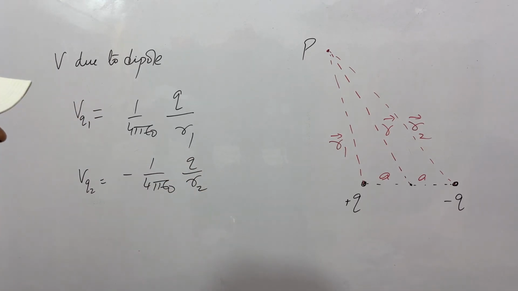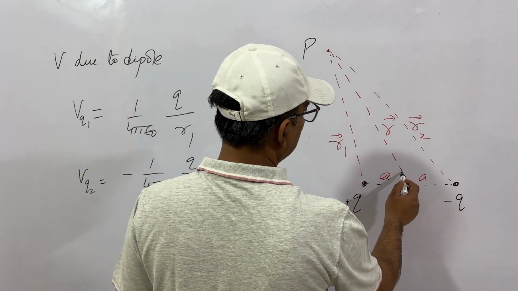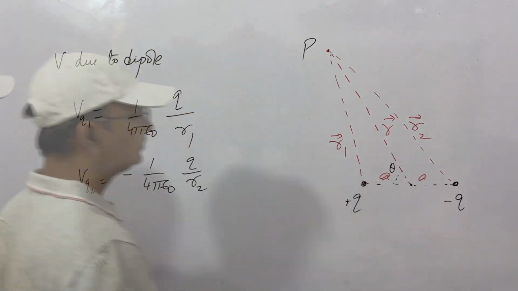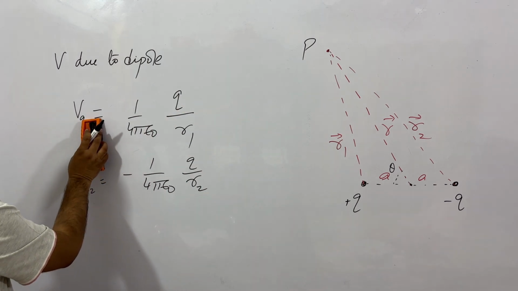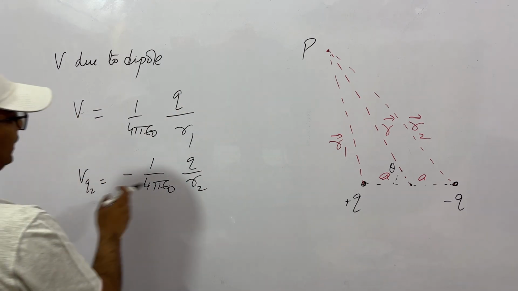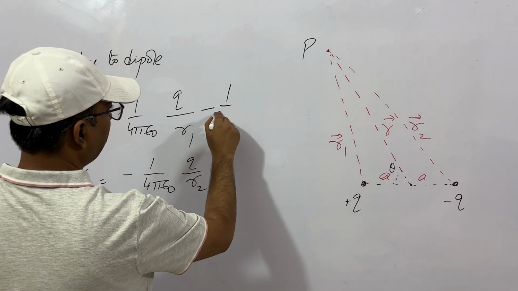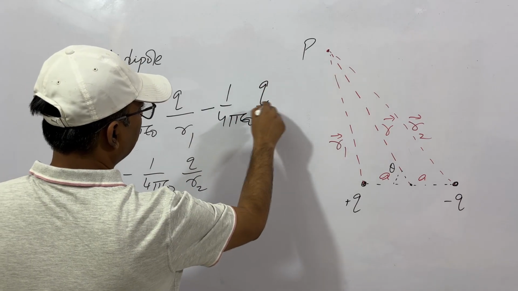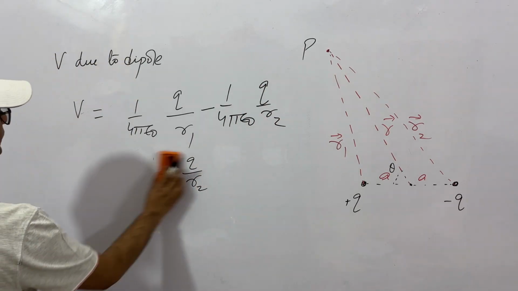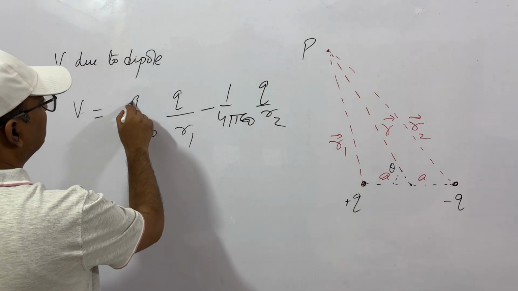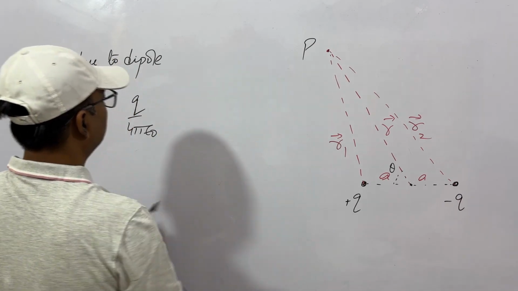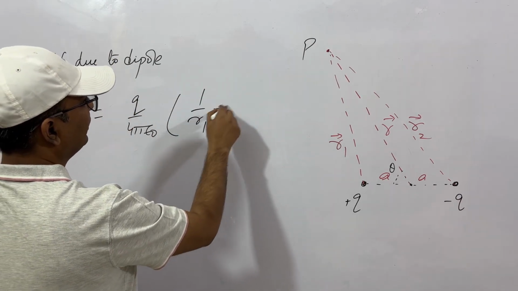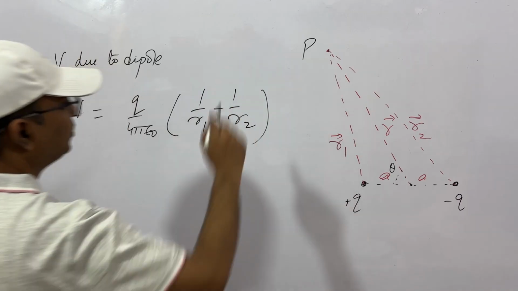These all are in vectors. Okay, let's say this angle is theta. So first of all, let's write what is the net potential at this point due to these two. It will be this minus this. Or we can take this common, Q by 4 pi epsilon 0, then 1 by R1 minus 1 by R2. This is the potential at point P.